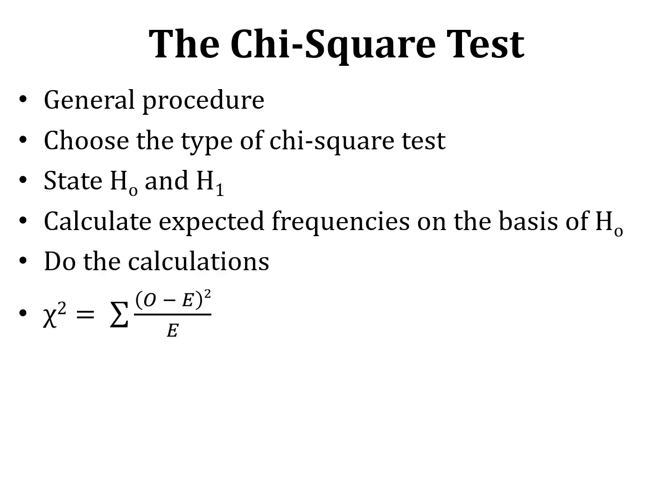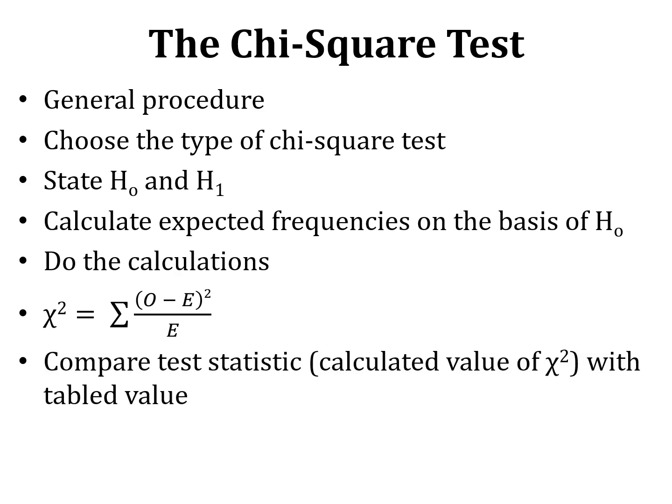Then do these calculations and calculate the value of chi-square, which is your test statistic. What is the next step when you have your test statistic? We discussed in the previous lecture that you compare your calculated value with the tabled value of that specific test.